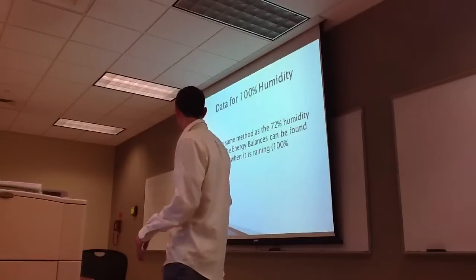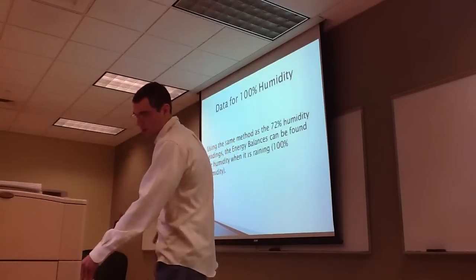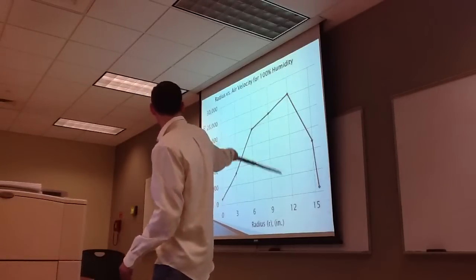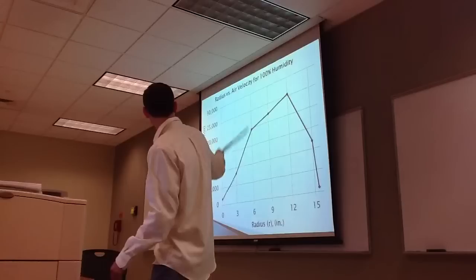So now doing 100% humidity, because we were interested in what would happen when you took the airflow readings when it was raining, we got these charts, which are pretty much the same shape as before, but a little bit higher.